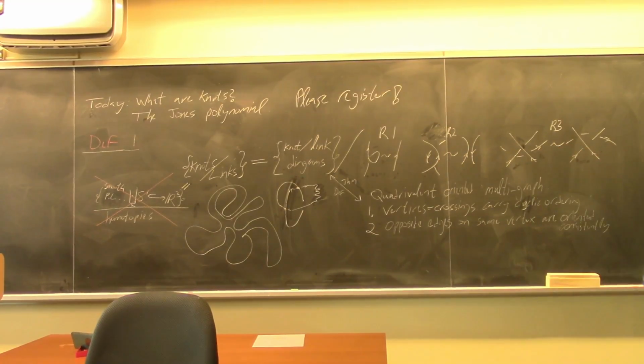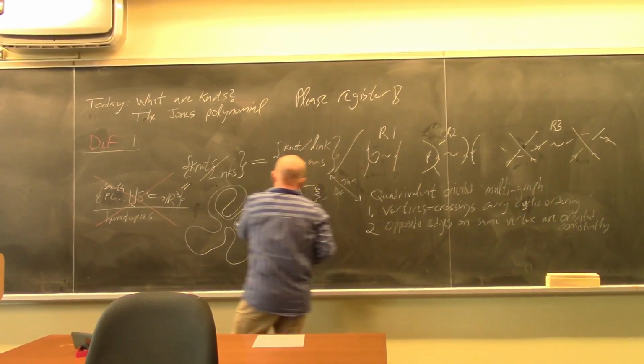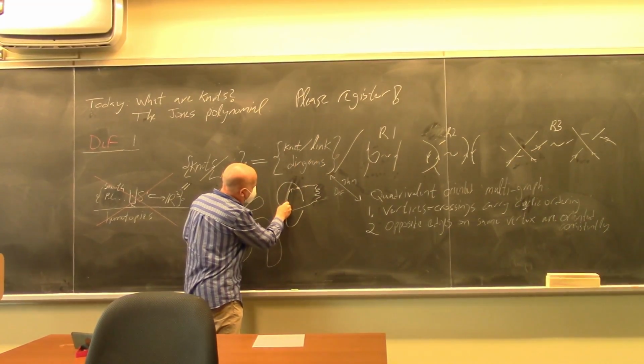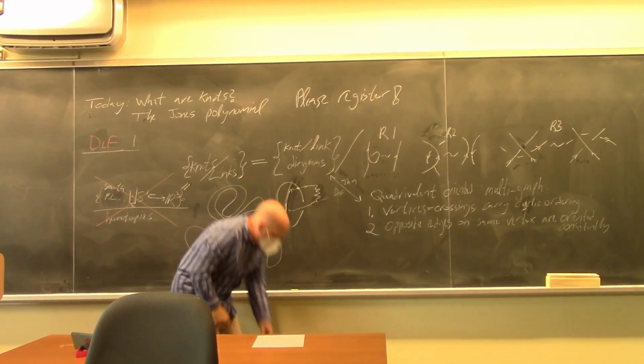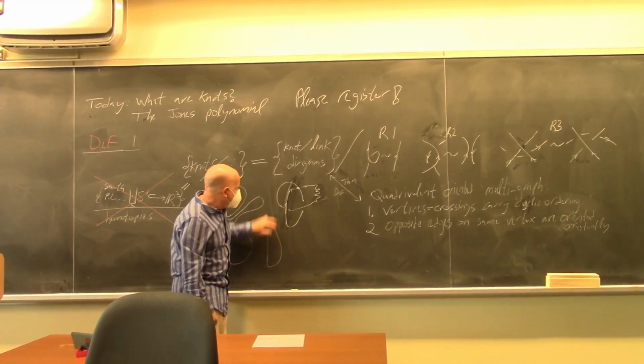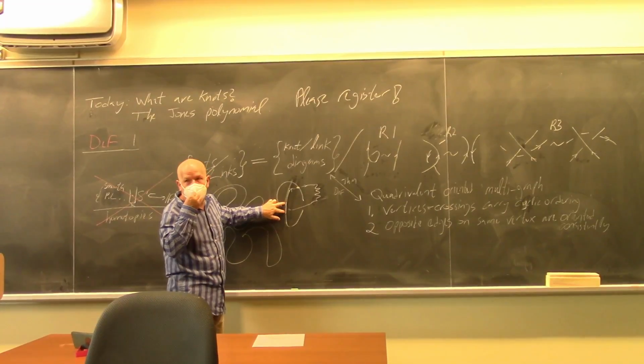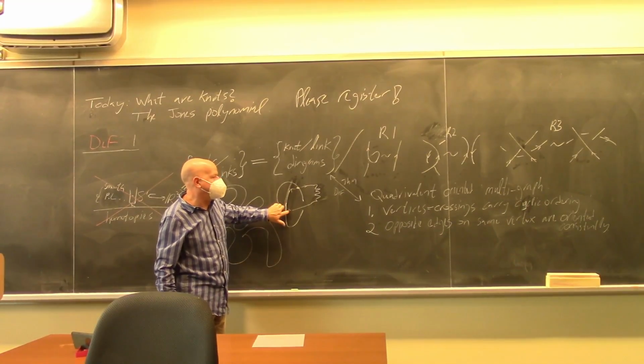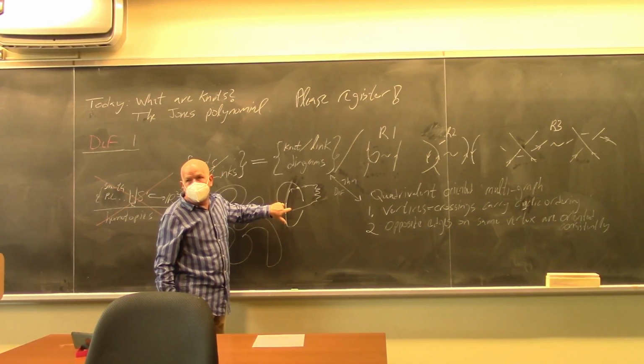Let me continue here. 3. So you see, in every crossing, one of the pairs of opposite edges is considered above the other.